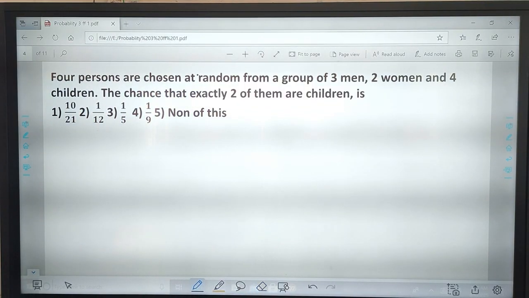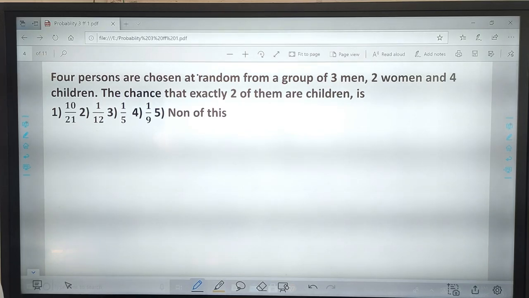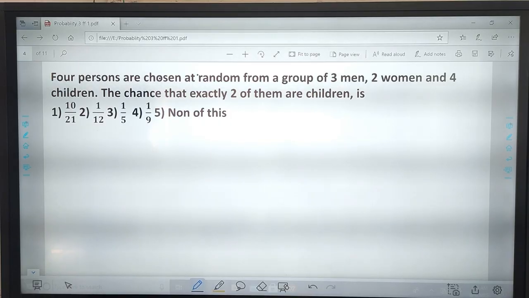4 persons are chosen at random from a group of 3 men, 2 women and 4 children.